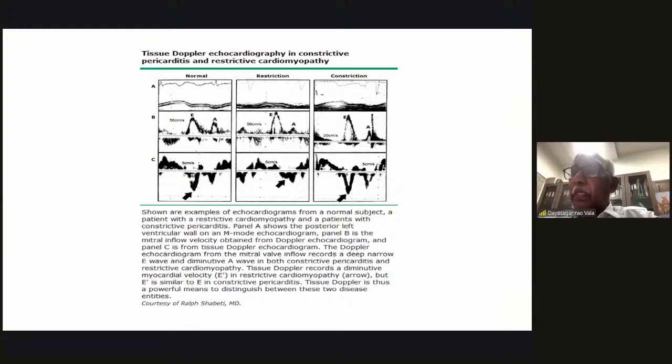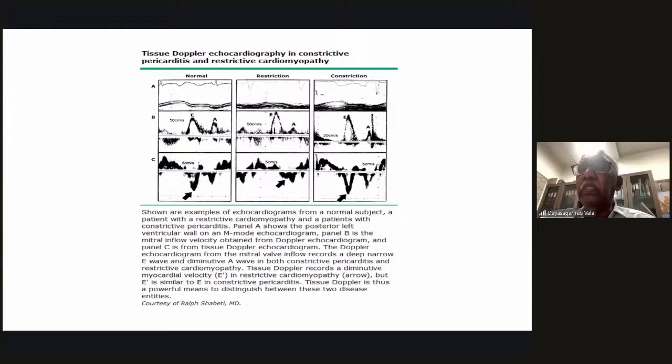But in constrictive pericarditis, the medial E prime is much bigger than the lateral E prime, basically because the medial portion of the mitral annulus is quite free to move in both directions, whereas the lateral one is hindered to some extent by the thickened pericardium. It is this reversal that we call annulus inversus.